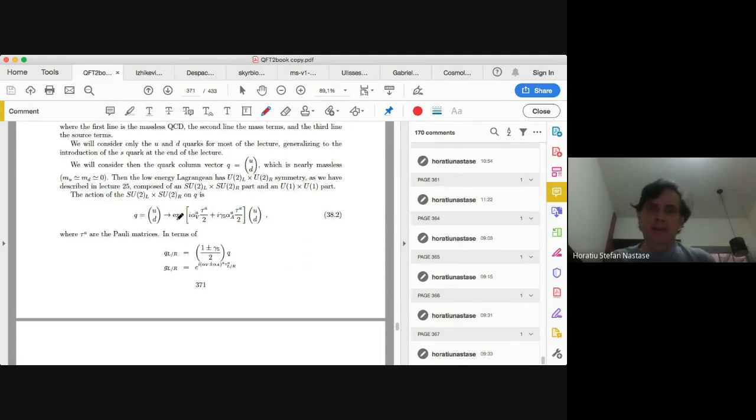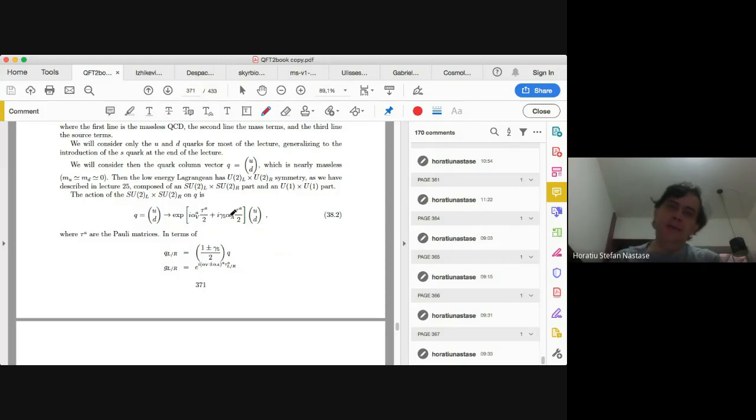So the action of this SU2 part on q is a rotation, SU2 rotation, generated by tau A. So exponent i alpha V A tau A over 2, the generator of SU2.